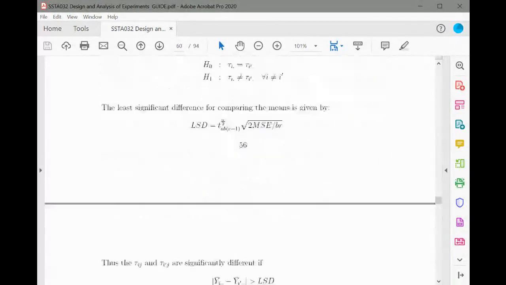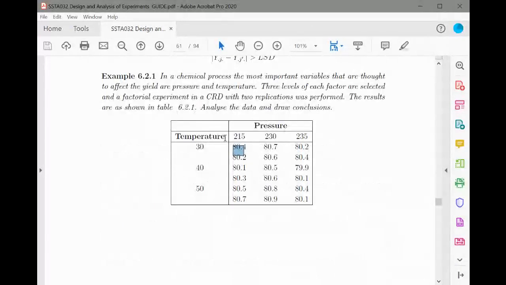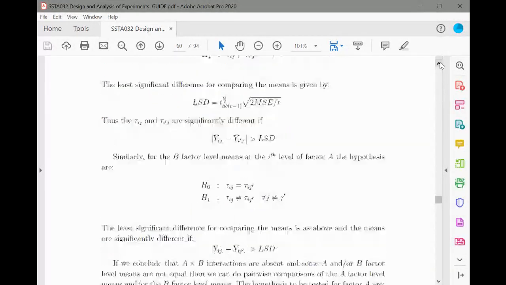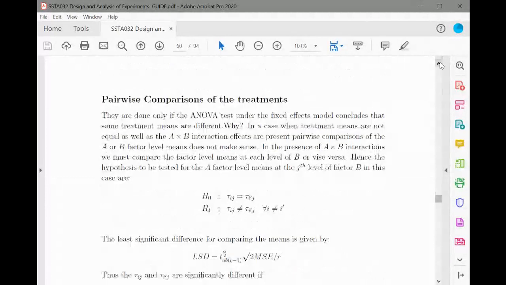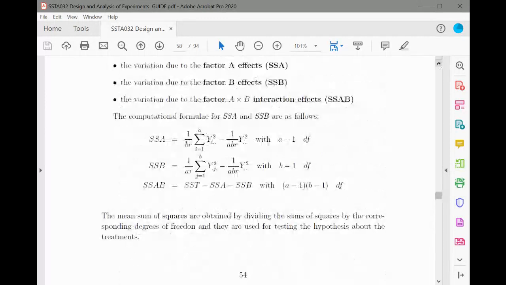So to be on the safe side, you can let temperature be my factor A, and let pressure be my factor B, so that whenever you use the formulas, you don't get confused, because now the formulas are given in the form of A and B. Let's check the formulas that can be used.